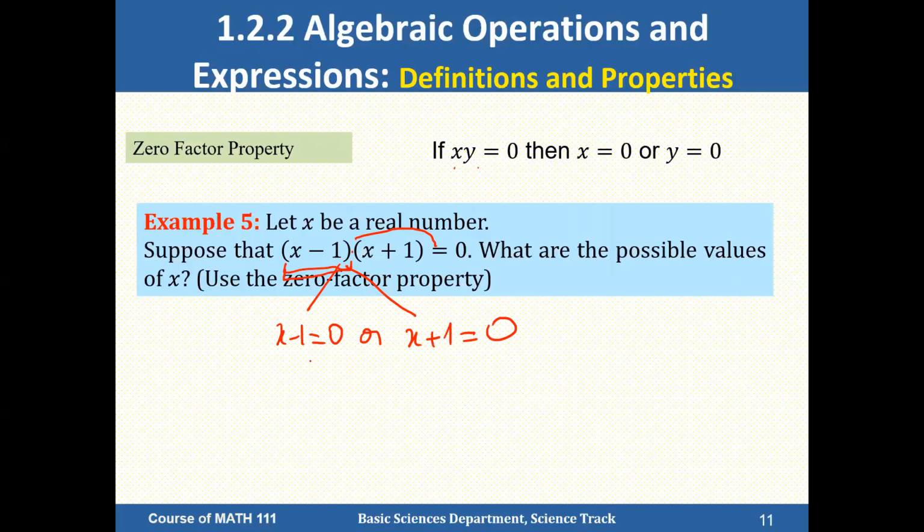And then we easily see here that x must be equal to 1, or here x equals minus 1. So the possible values of x which make this expression equals to 0 are x equal 1 or x equal minus 1 using the zero factor property.